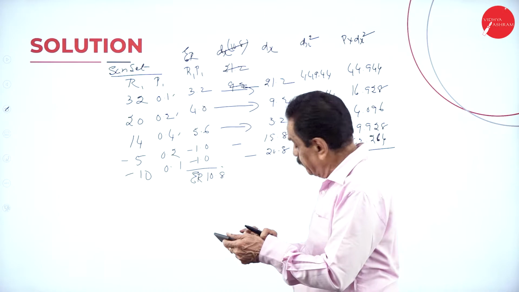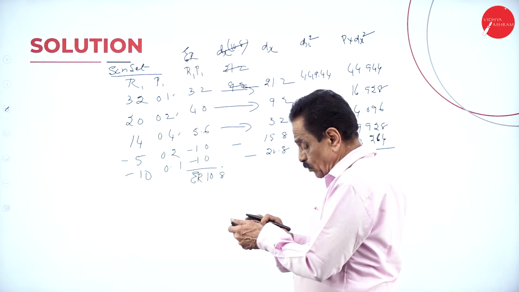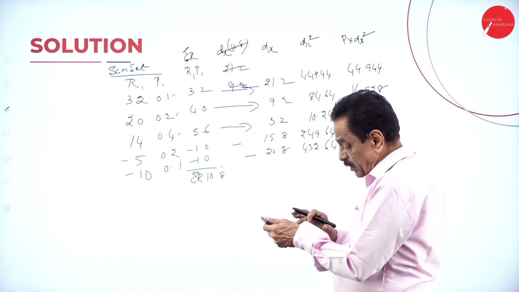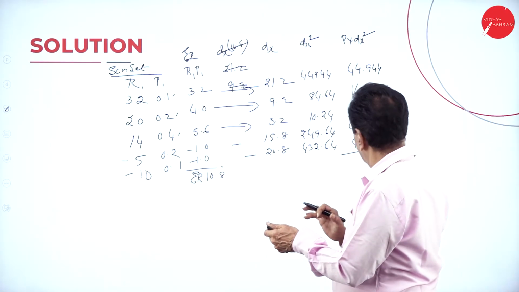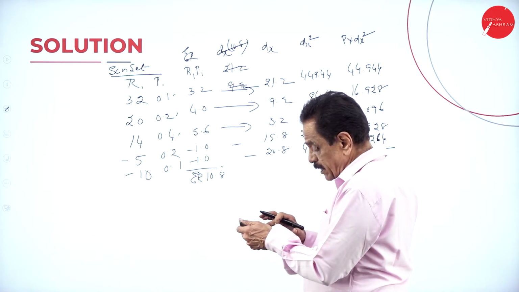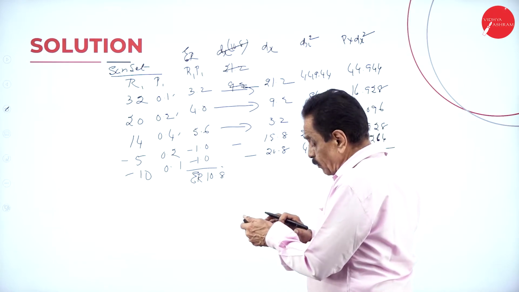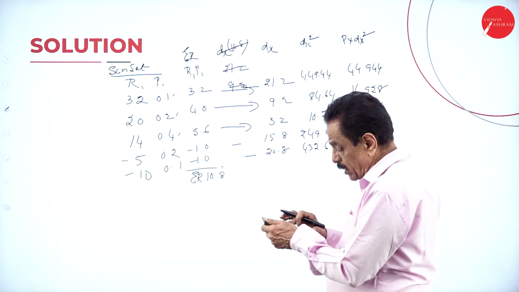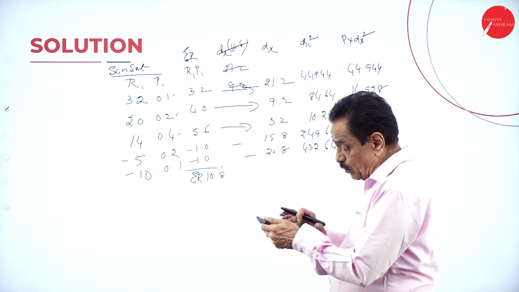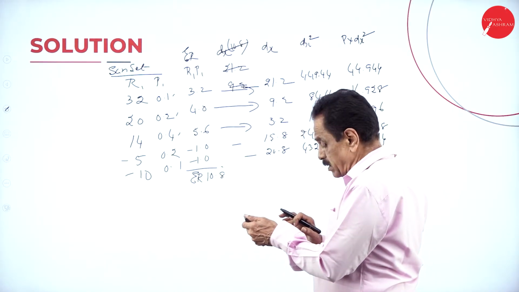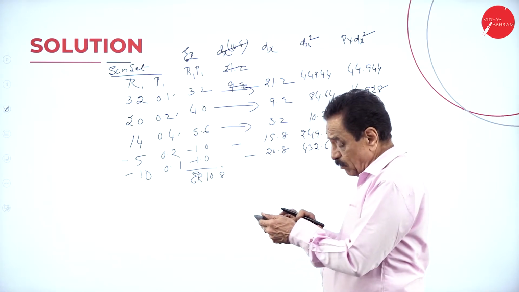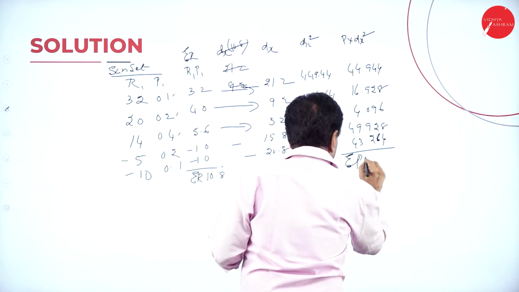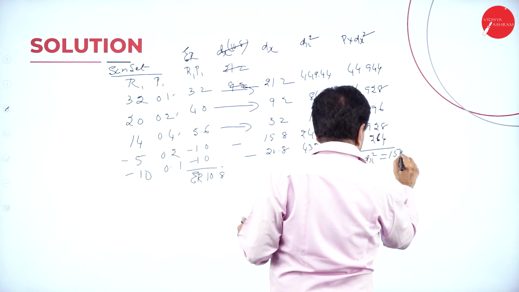43.264 plus 49.928 plus 4.096 plus 16.928 plus 44.944. Sigma p dx square is 159.16.